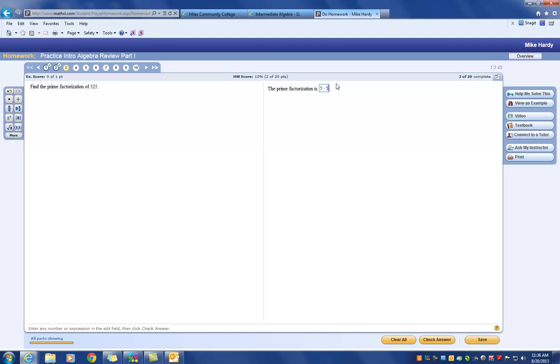Okay. 5 times 5 is 25 times 20 is 500, so times 21 is this. But oops, 21's not prime, so 21 is 3 times 7. Ordinarily, we put prime factorizations in order, but hopefully they'll accept this. Well, they do. And if they didn't, we could just go back and do it again.